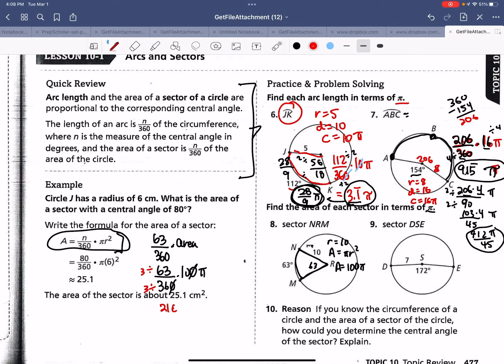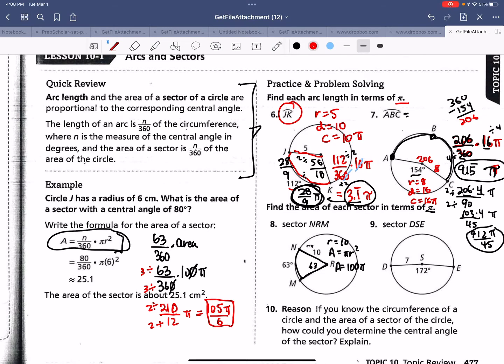And I still have a 10, so that could add a 0 there, right? 360 or 36 divided by 3 is 12. So I still have even numbers, right? I can divide by 2 on the top and the bottom, and we get 105 pi over 6. Okay, that's my final answer.